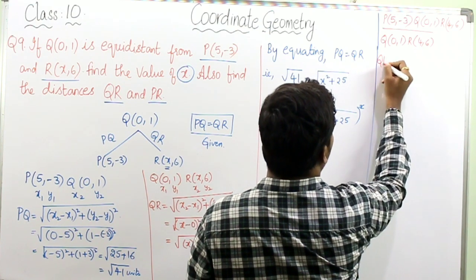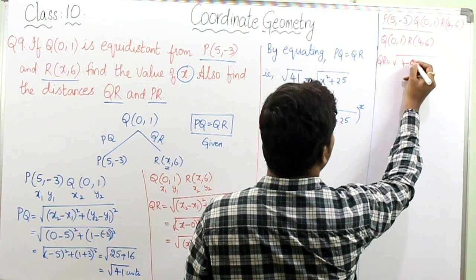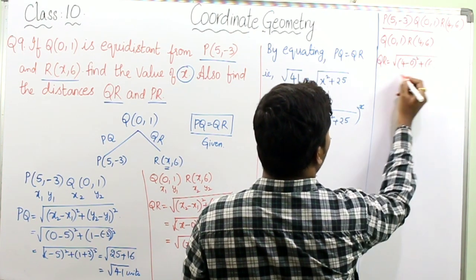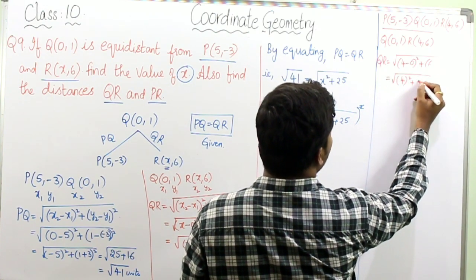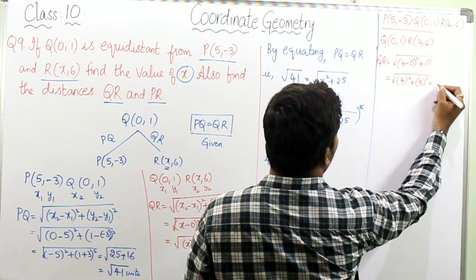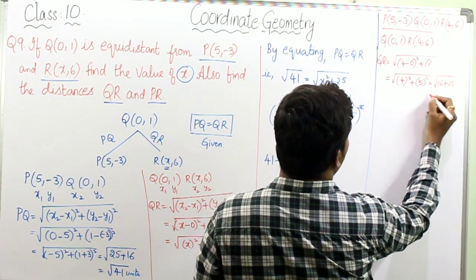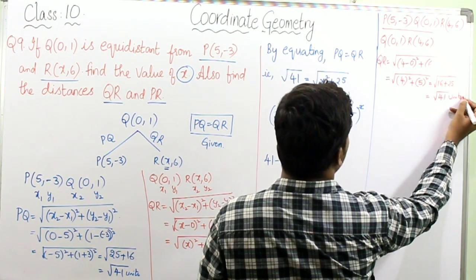Now QR is equal to square root of (x2 minus x1) whole square, that is (4 minus 0) whole square plus (6 minus 1) whole square. This will give you 4 square plus 5 square. 4 square is 16 and 5 square is 25, which is equal to square root of 41 units.